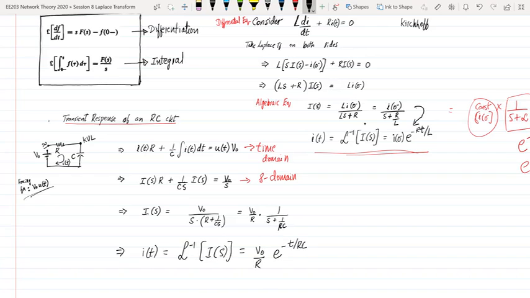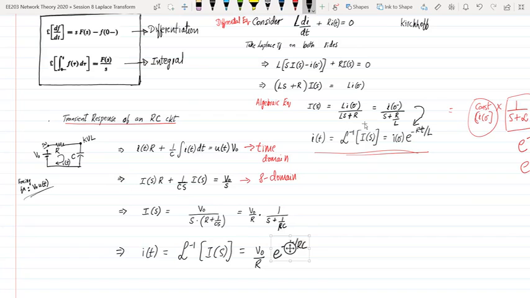Remember, for the inductor, what did we do? We said that I have some constant over s plus R over L, and s plus R over L became exponential of minus Rt by L. So s plus 1 by RC is going to become exponential of minus t by RC, right? And then there is a u of t.